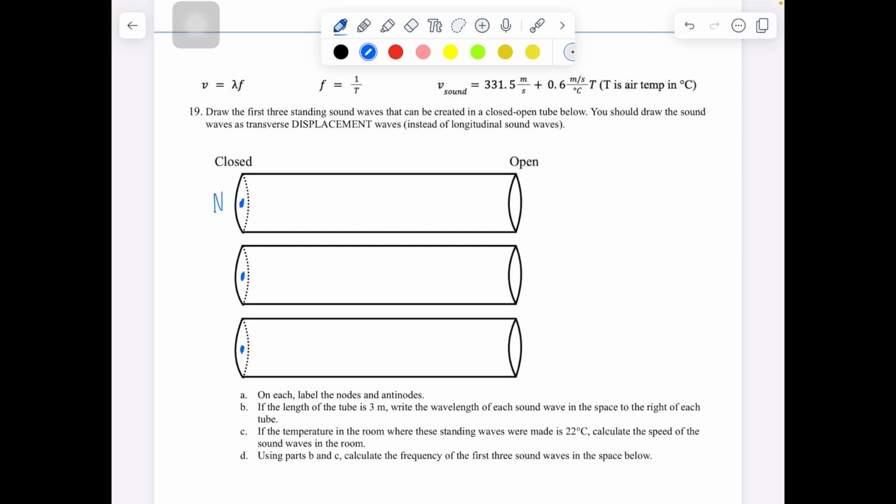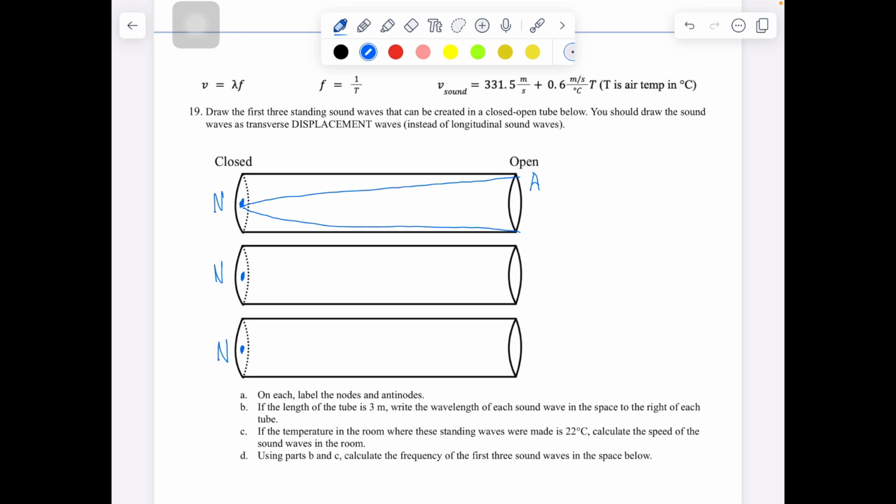These are all nodes where the air particles are not moving. Then, we get our half loop right here. Over here we have our antinode, that maximum displacement of the air particles.